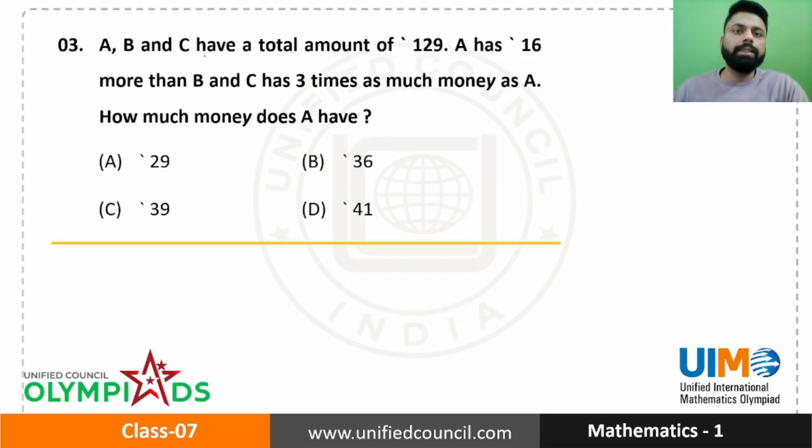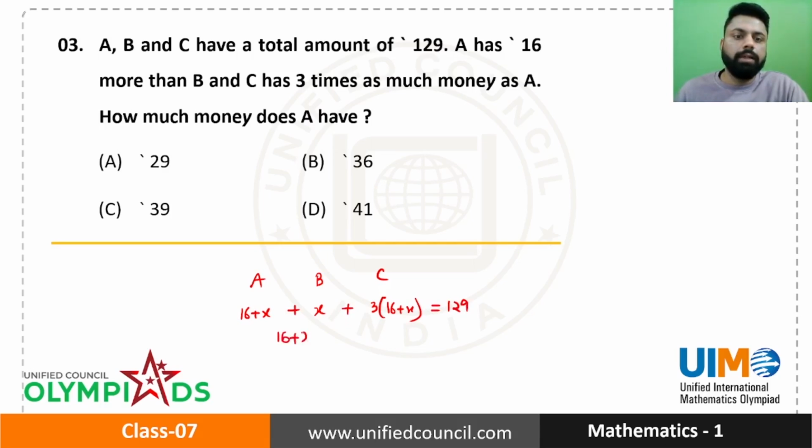Next one, A, B, C have a total amount of 129. A has 16 more than B and C has 3 times as much as A. B has x, so A has 16 plus x, and C has 3 times of A. The sum of all their money is equal to 129.